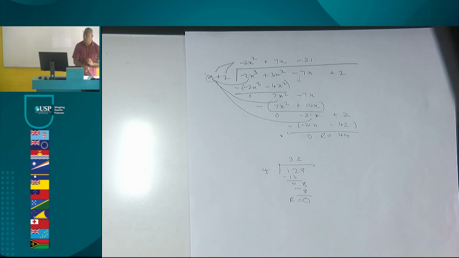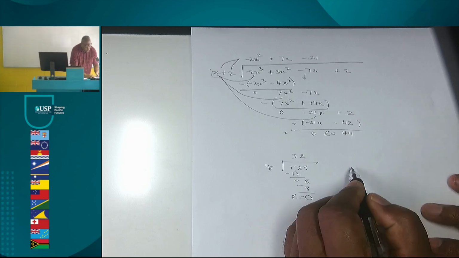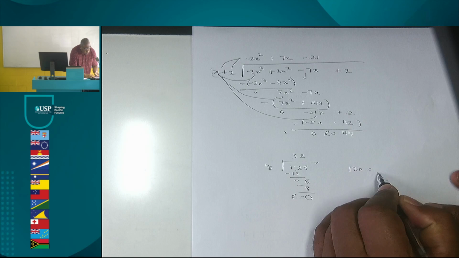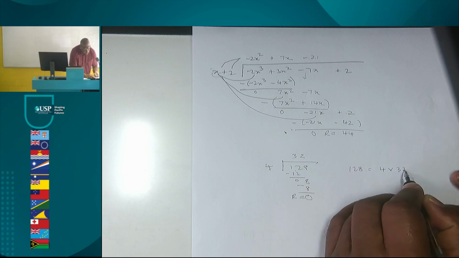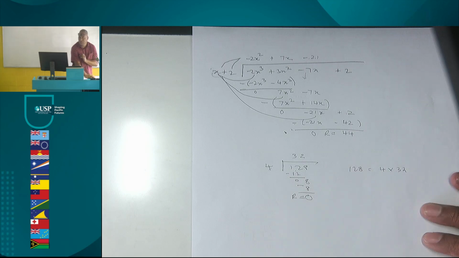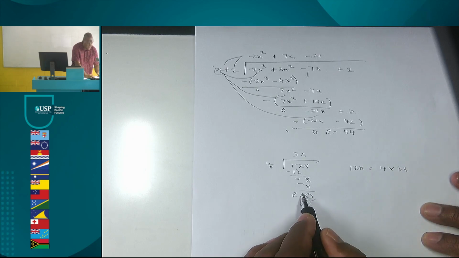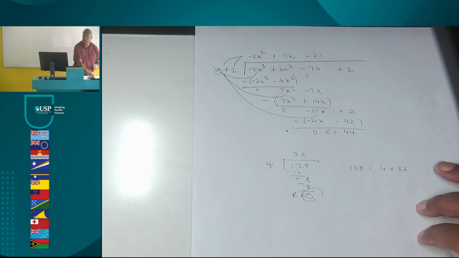The remainder is 0. What conclusion do we make? Yeah, if the remainder is 0, then automatically 4 is a factor of 128. And we can even write 128 like this: 128 is equal to 4 times 32. We agree? Only if the remainder is 0.